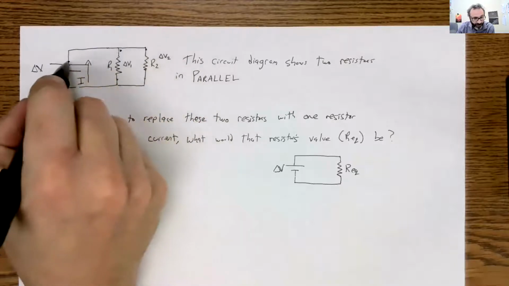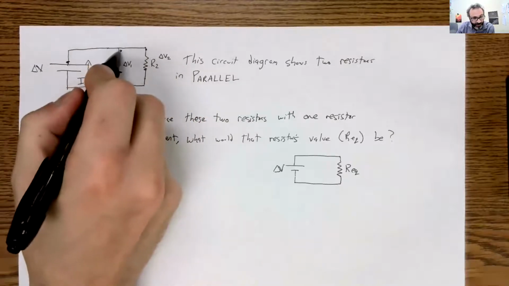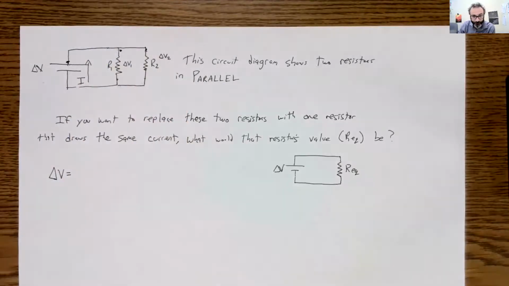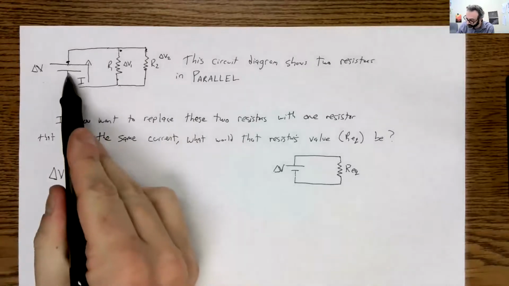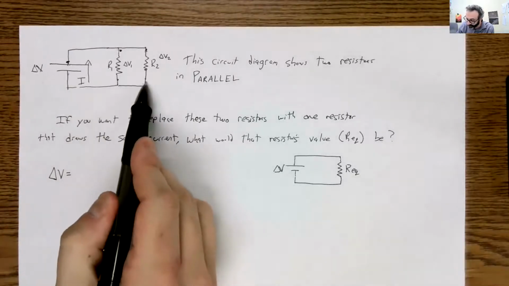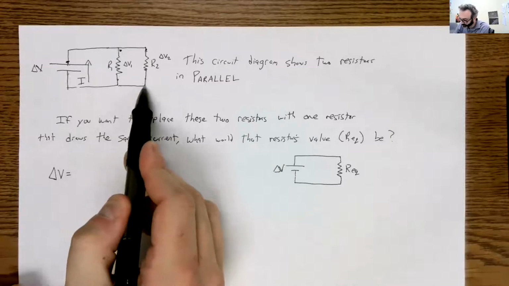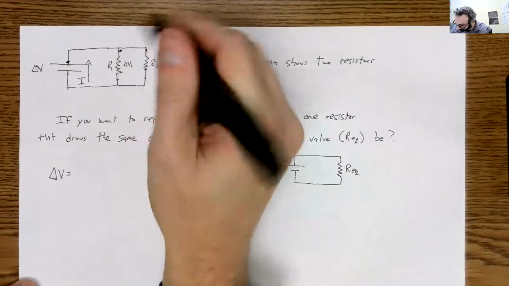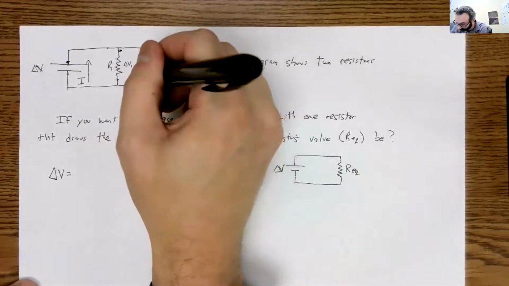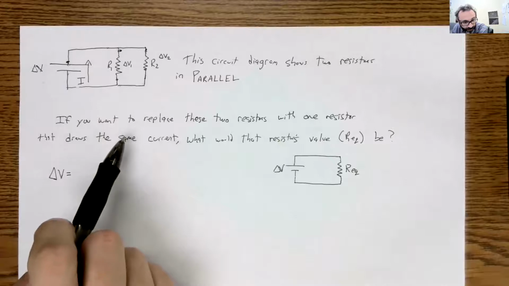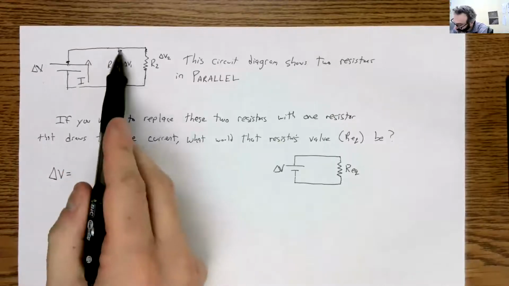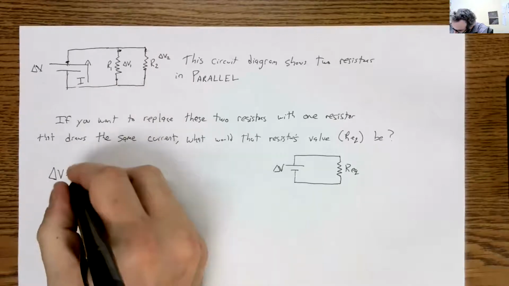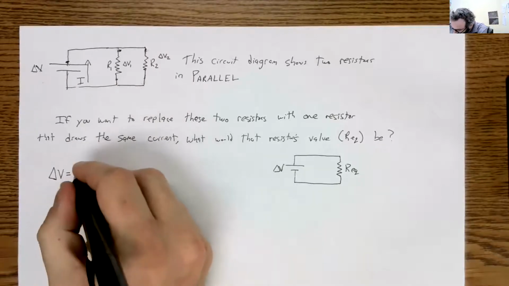Because this point here is the same potential as this point here, is the same potential as this point here. And this point here is the same potential as this point here, is the same potential as this point here, right? So going from here to here is going from the same potential as going from here to here. Do we see that? The beginnings of each resistor are at the same potential, the ends of each resistor are at the same potential. So that means that, and again, this is absolute value.